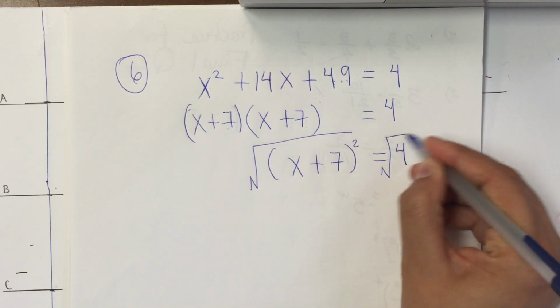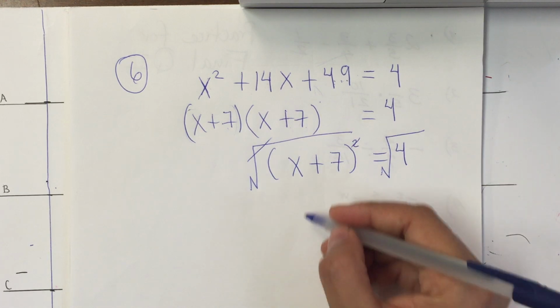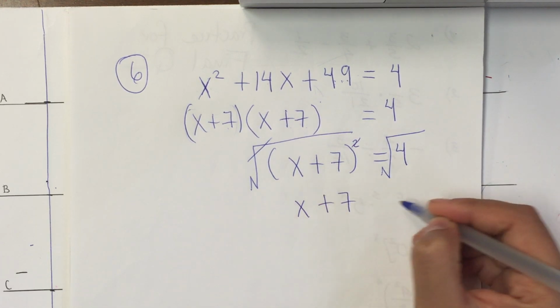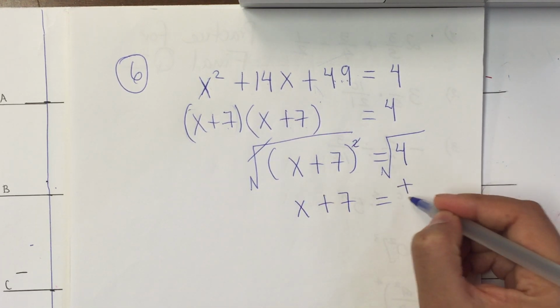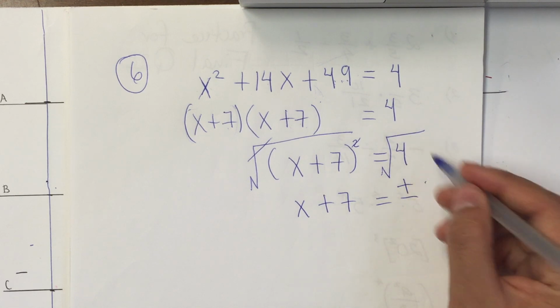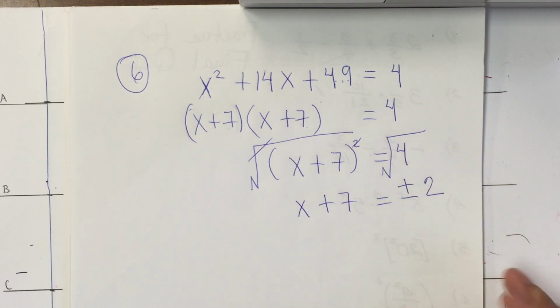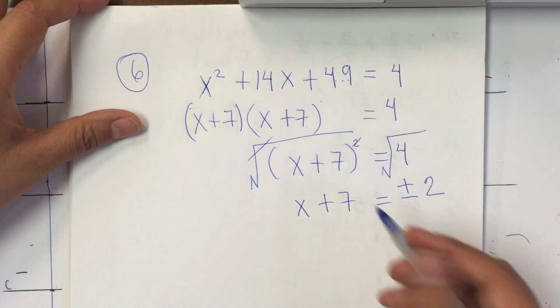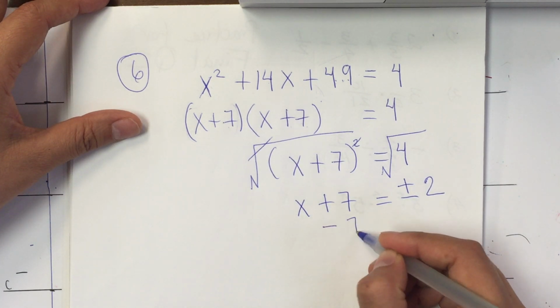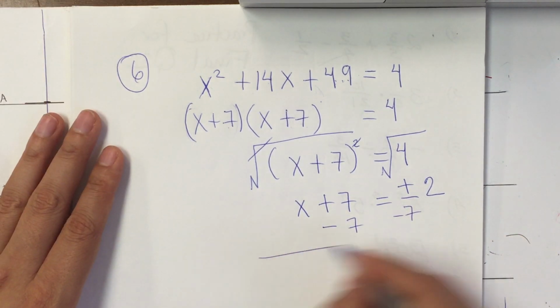So take the square root of both sides. x plus 7 equals plus minus the square root of 4, which is 2. We subtract 7 from both sides.